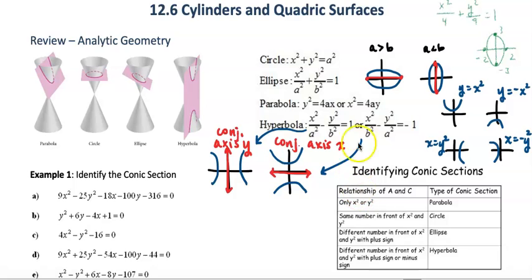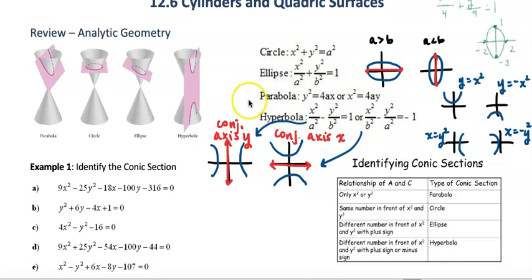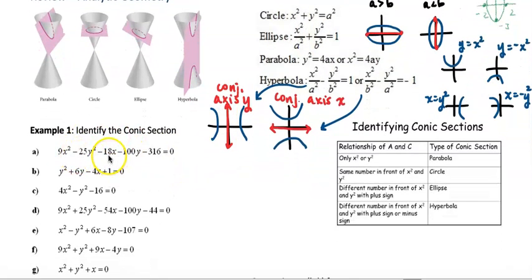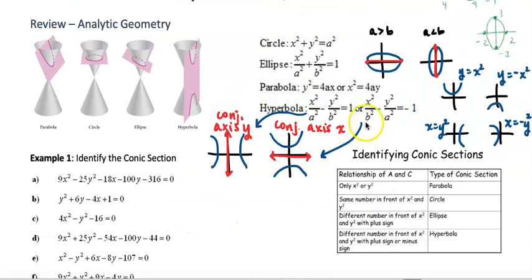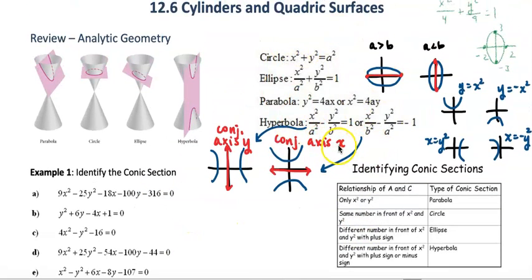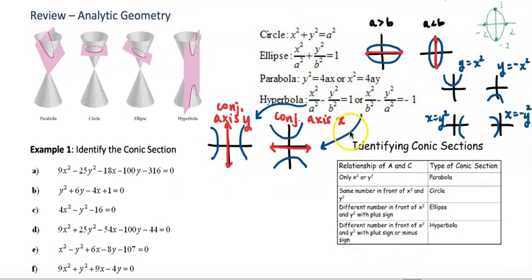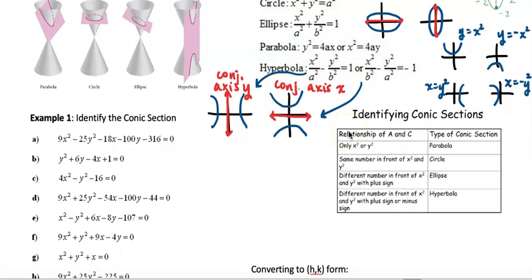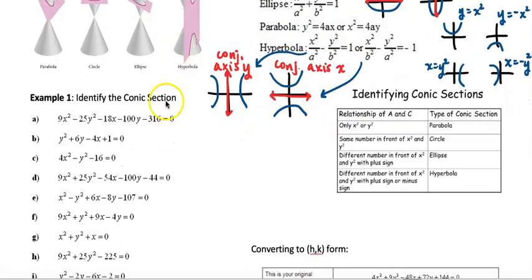Now you'll notice that in these general equations, let's look at the first example. So we've got this x term, we've got a y term, and we've got a constant. But over here in our general equations, we are just worried about those leading terms, so the terms with the highest degree, both x and y. So that's what we're going to focus on.